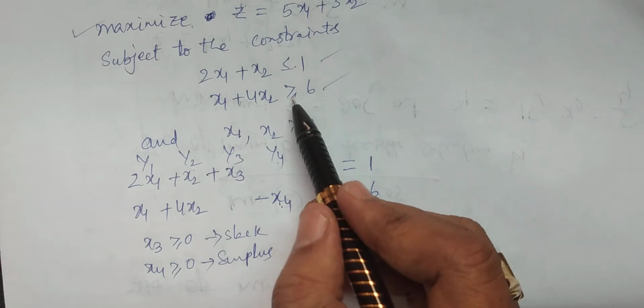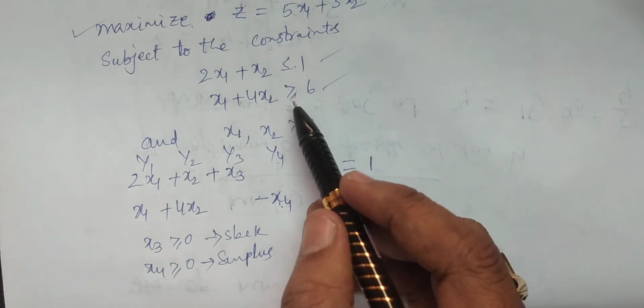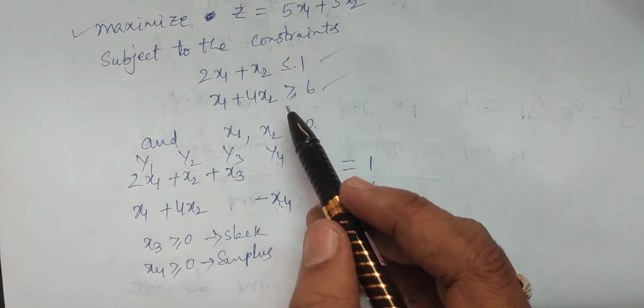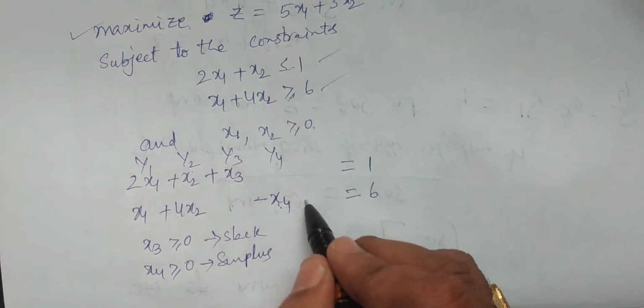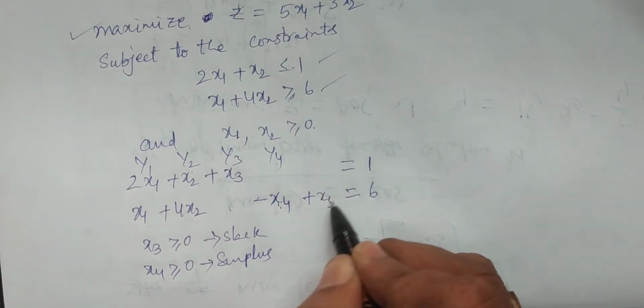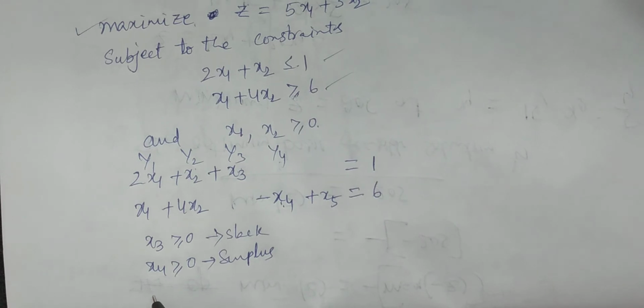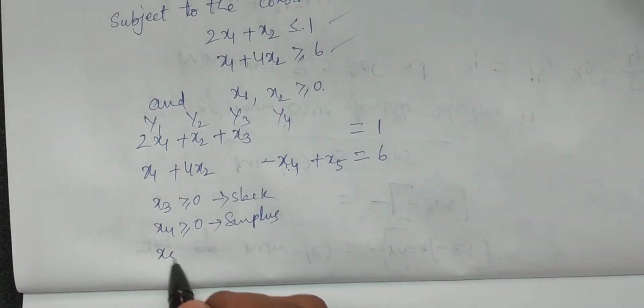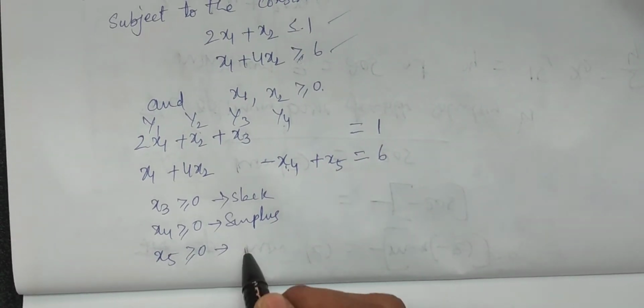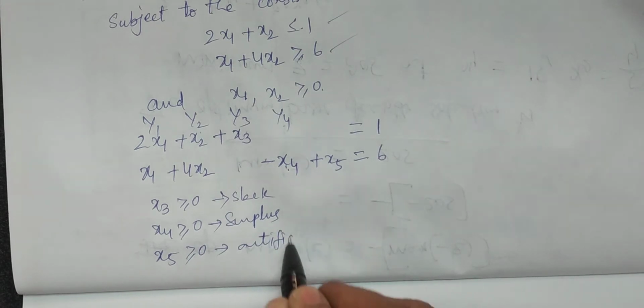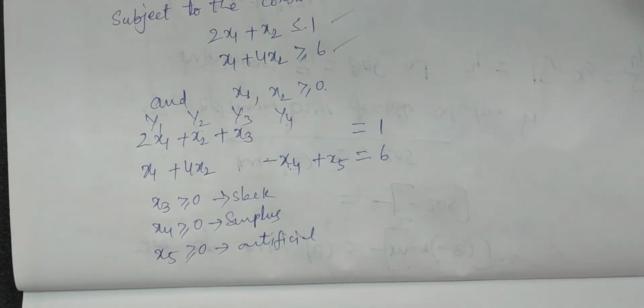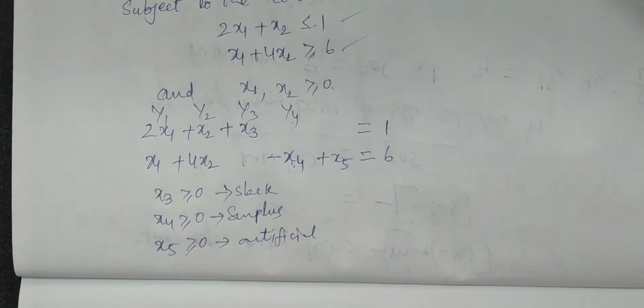Hence we have to introduce an artificial variable. So I am introducing an artificial variable plus x5, where x5 is greater than or equal to 0. Have you understood this?